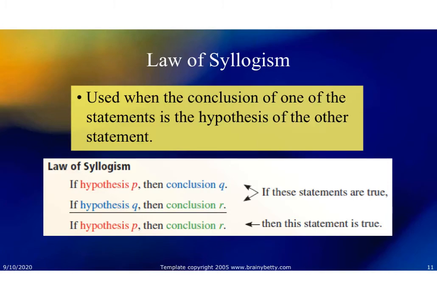For example, if we look down below, if the hypothesis P, then the conclusion Q. If that's true, and then if the hypothesis Q, then the conclusion R. So it's taking the conclusion from this one and it's putting it as the hypothesis for the next one. Okay? Then the conclusion R, we are able to say that the original hypothesis P, then the conclusion R.